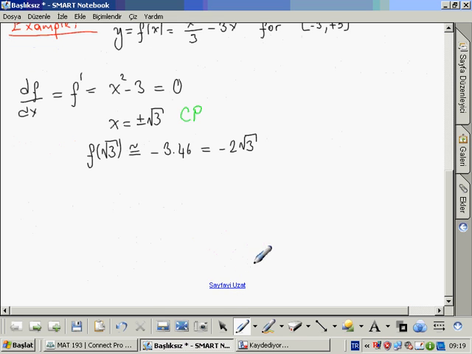And the other critical point value, minus square root of 3, gives approximately plus 3.46, which equals 2 times square root of 3.